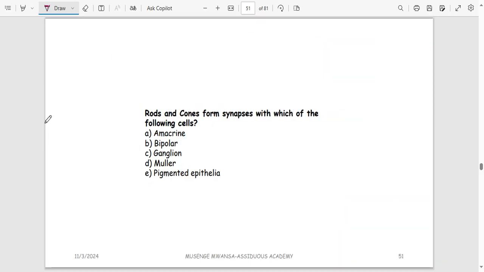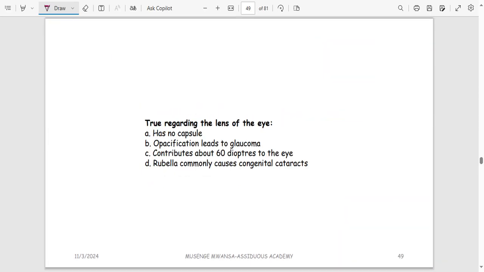Thank you so much. So we go back to this question regarding the length of the eye. At option C, the lens contributes 60 diopters. Someone read 60. The lens, was that the length of the cornea?